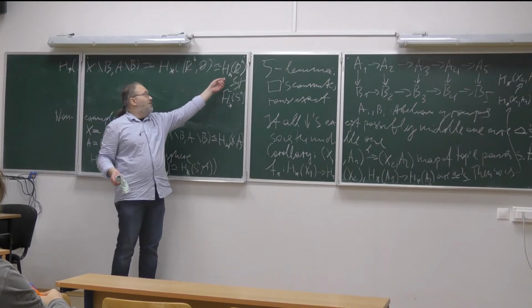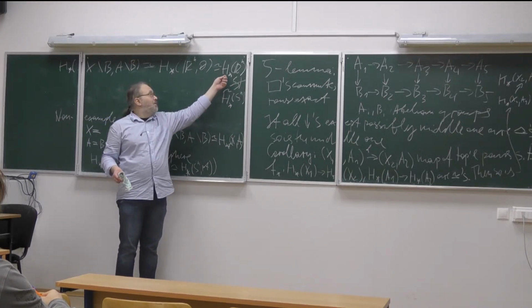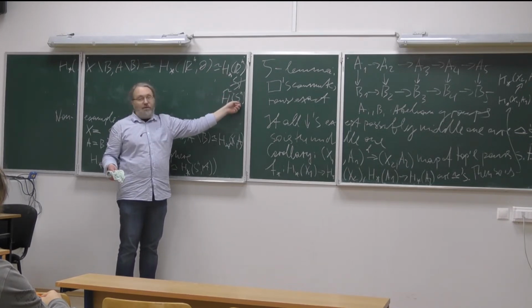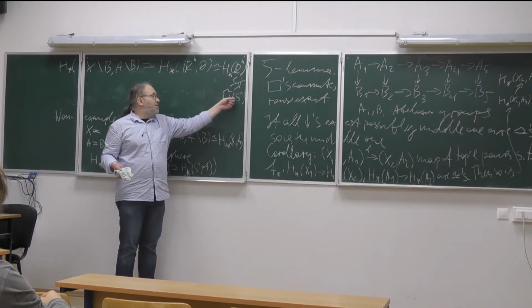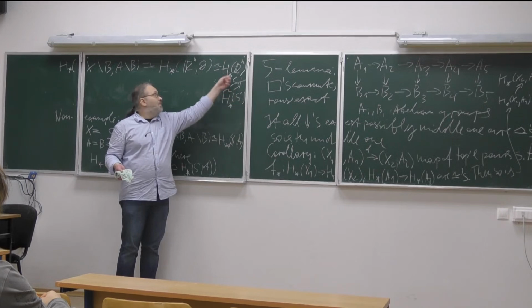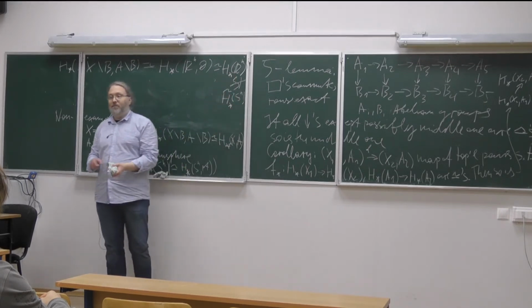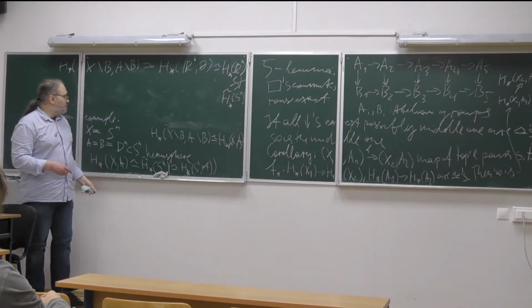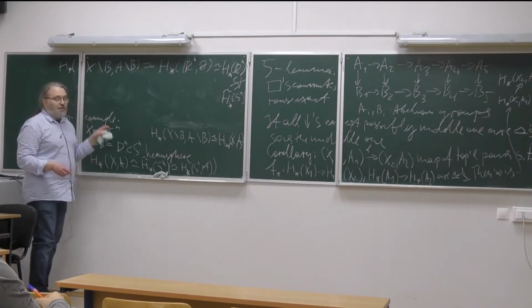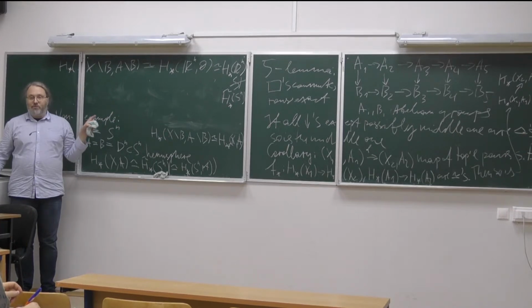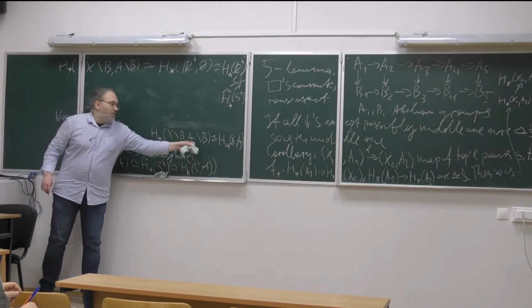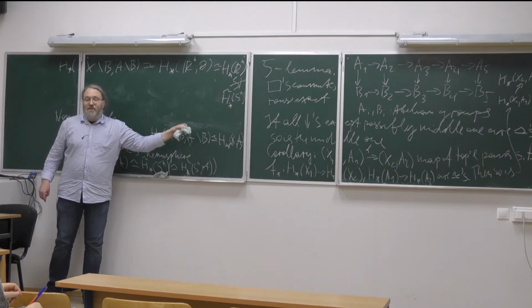Well, for example, in degree 0, if n is greater than 0, here we have Z, and here we have nothing, 0. And similarly in degree n, we have something here, but nothing here. This was a non-example. The purpose was to show that we cannot excise arbitrary sets.